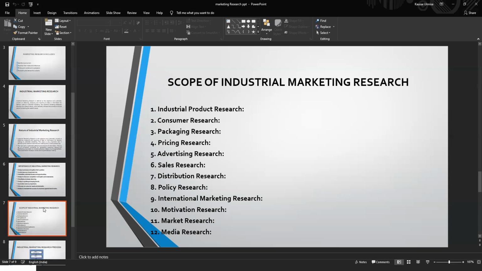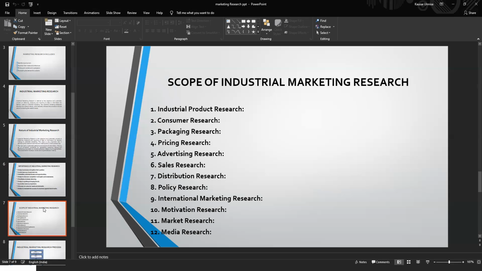And the next part is sales research. This research studies the selling activities of the company, regarding sales outlets, sales territories, sales forecasting, sales trends, and sales methods. Next is distribution research, which studies the channels of distribution, the selection of a suitable channel for the product.